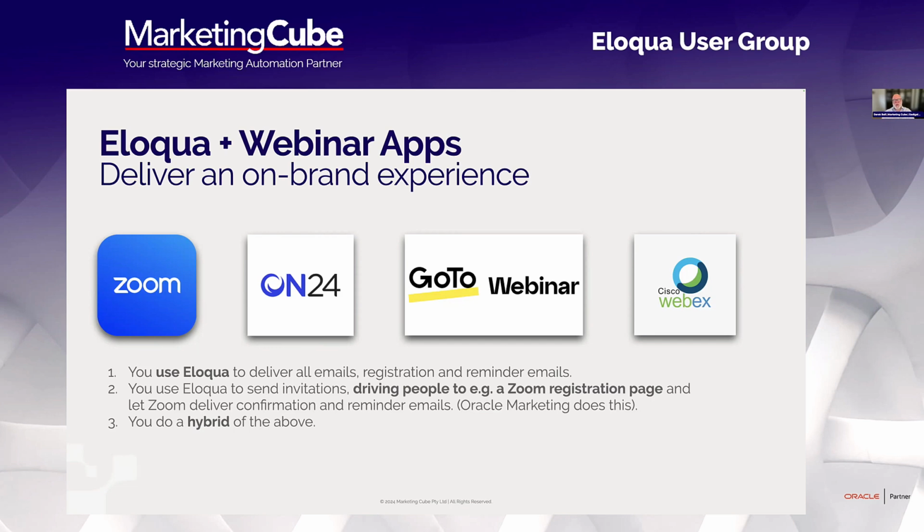You arrive at an Eloqua landing page. The big benefit is we can personalize that page much better. The form experience is better because it should pre-populate, and we can add in progressive profiling questions. It's just a much nicer experience, I think, than any of these platforms can provide from a form point of view.